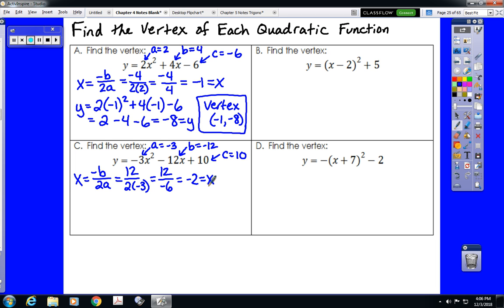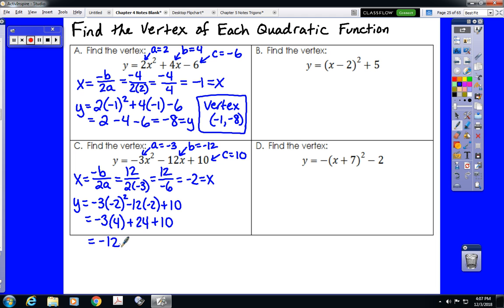That's our x value. For y, we take that x value of negative 2 and we plug it in for the x's in the equation. So negative 3 times negative 2 squared minus 12 times negative 2 plus 10. That would be, and I'm going to show a little bit more work on this one because the lead coefficient is a negative number, so we'd square negative 2. 12 times negative 2 is positive 24 plus 10.